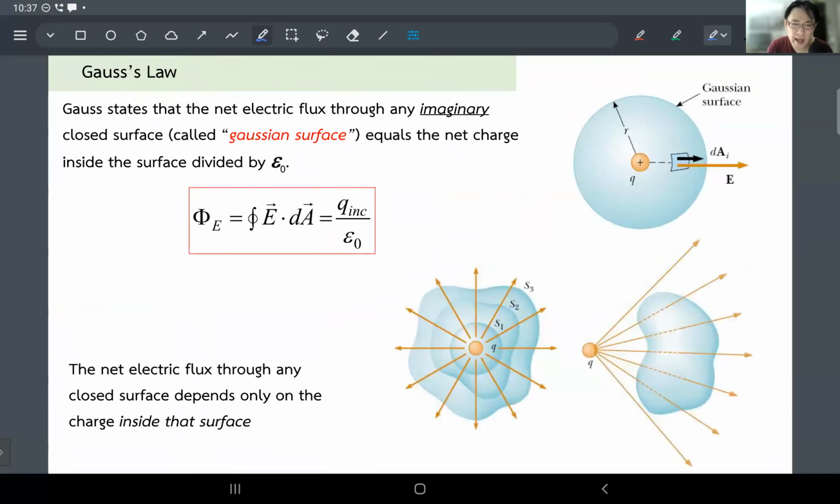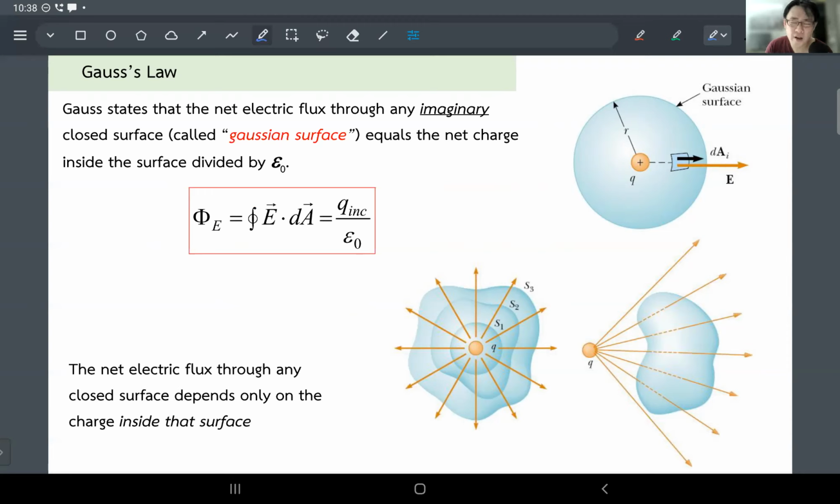So if you understand how to calculate flux, here we go. This is it. Welcome to Gauss's law. The whole point of doing the flux calculation is this. Gauss said, where do the electric field lines come from? Of course, they come from the charge.